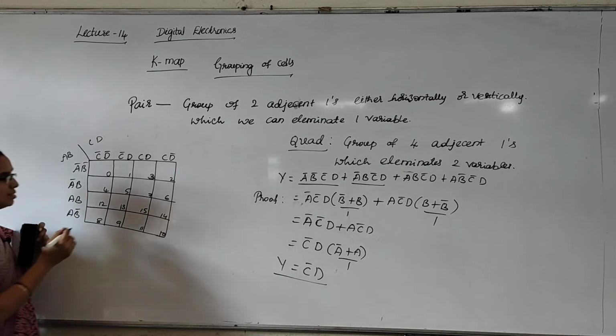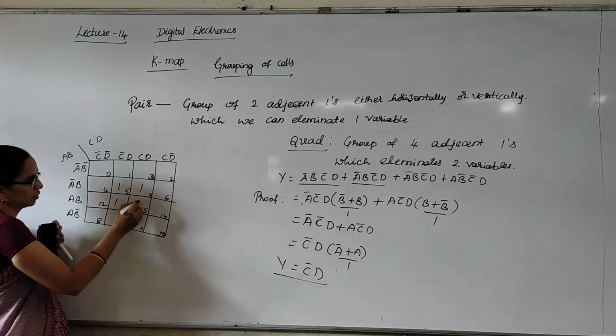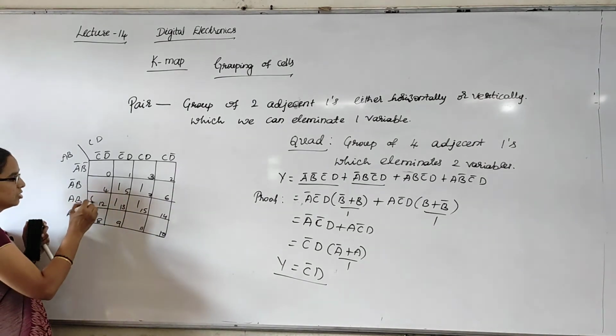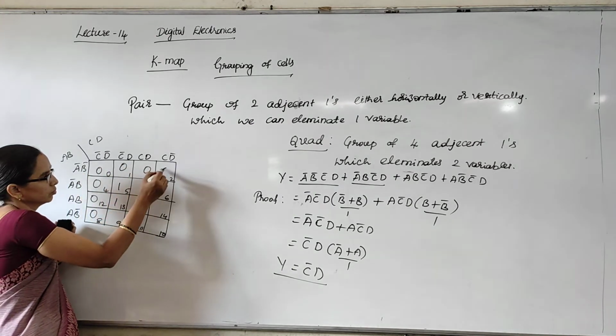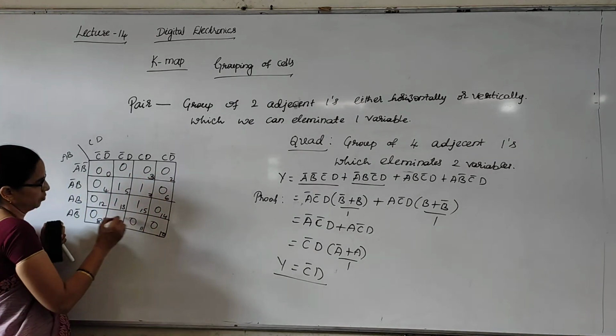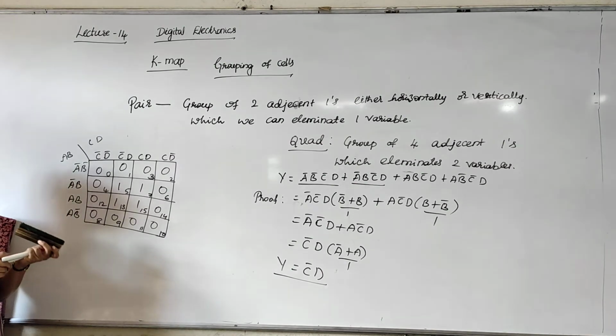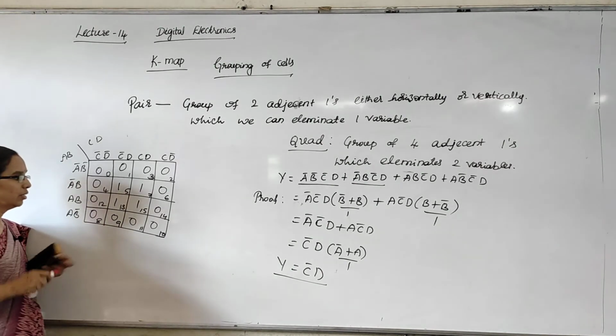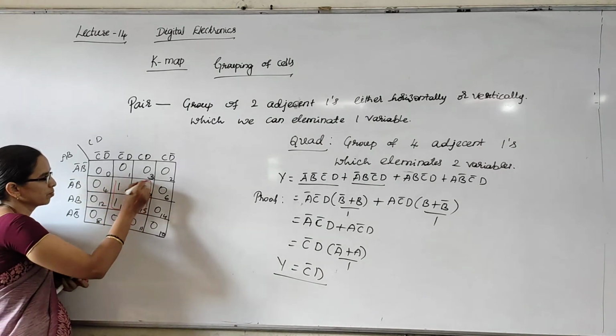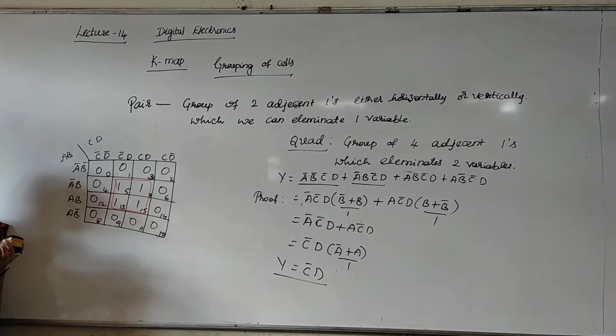If I have ones like this and the others are zeros, then how to group that? I can group like this, a square type of group I will get.